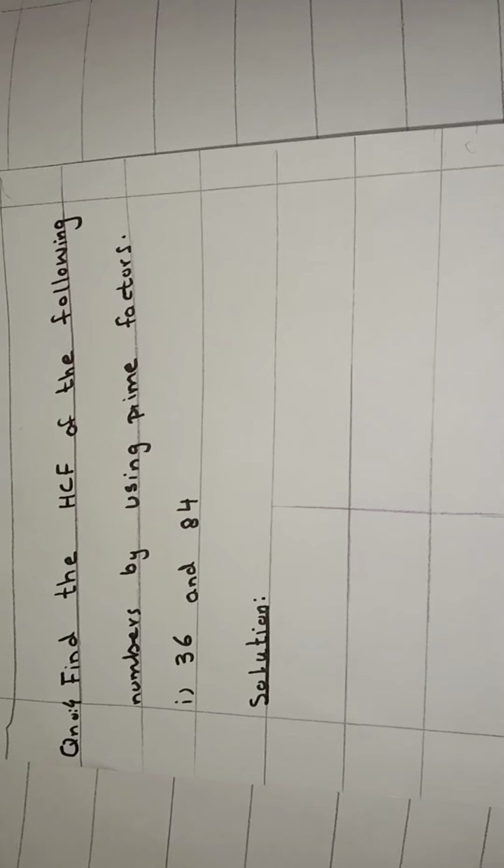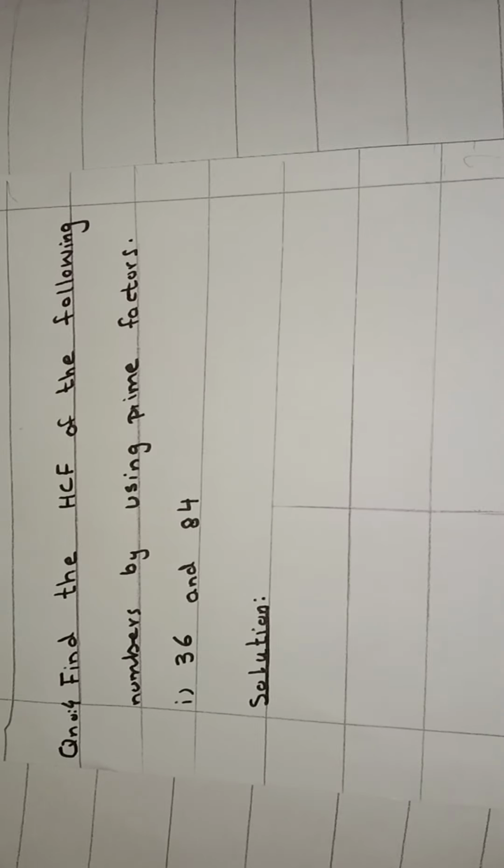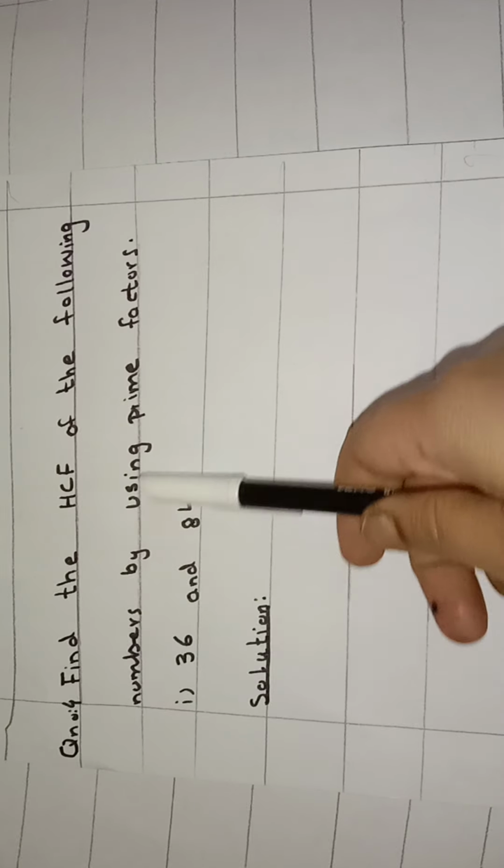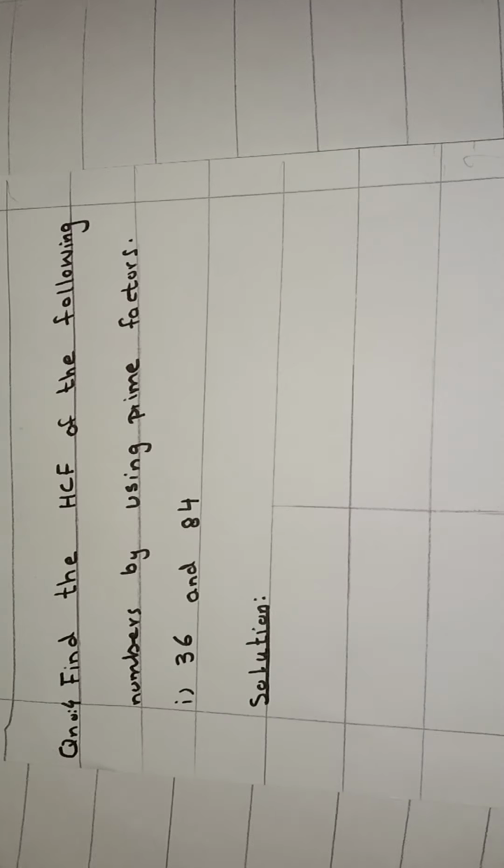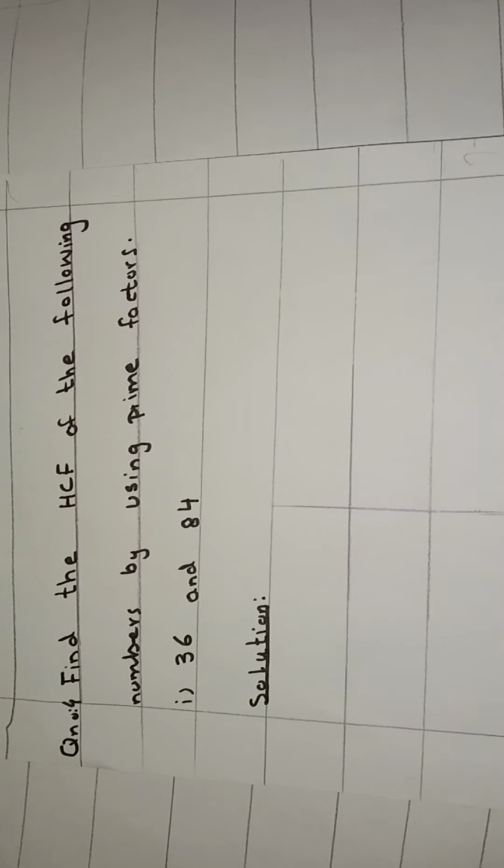Question number 4 is find the HCF of the following numbers by using prime factors. Clearly, we have to find the prime factors of the given numbers. After that, we have to find the highest common factor. We have done it in class 5 as well, so I hope it will be easy for you.